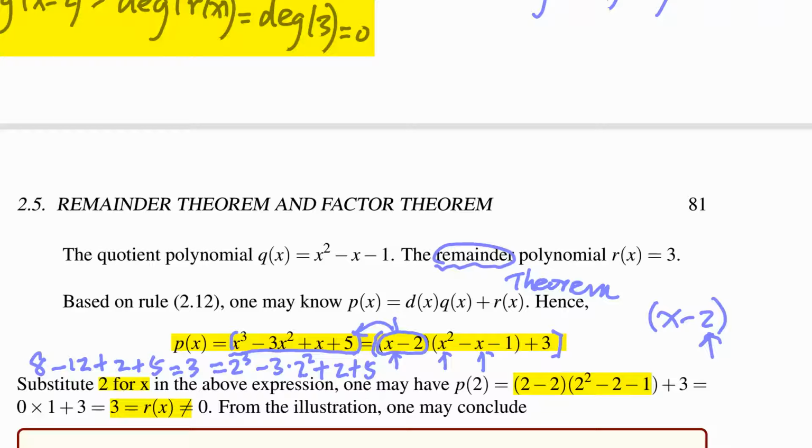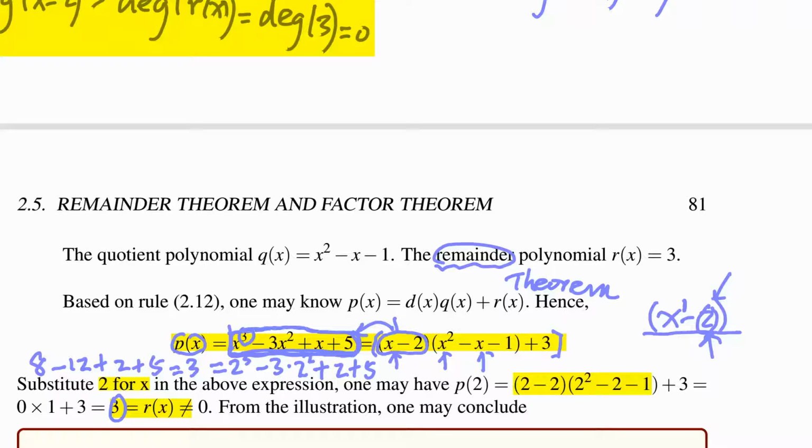If this polynomial with degree 1 is going to divide any polynomial, here the polynomial is special, it is degree 3, then you can get the remainder 3 without doing the division by plugging this number 2 into P of x, into the original one here.